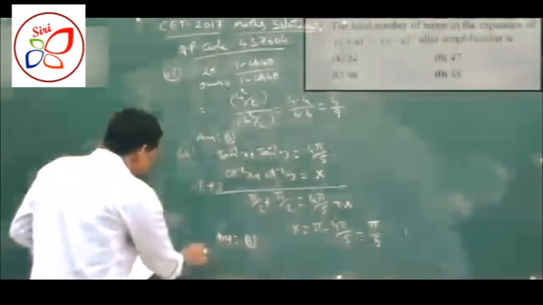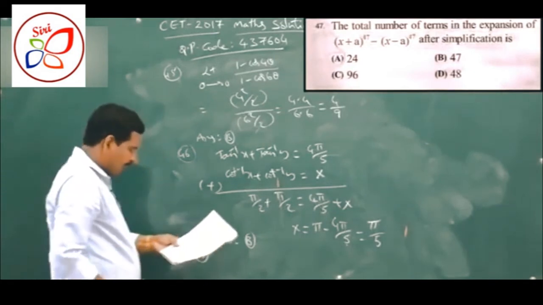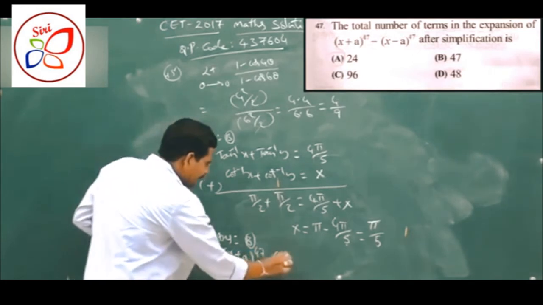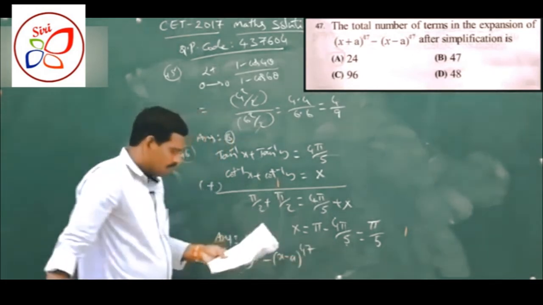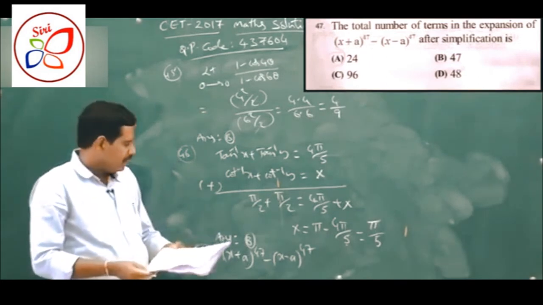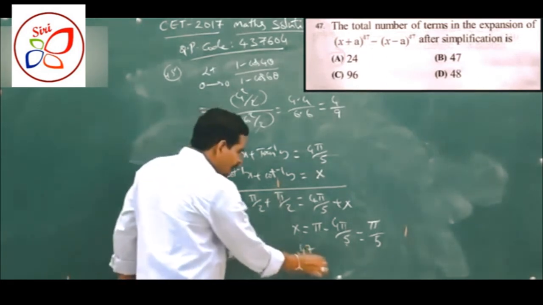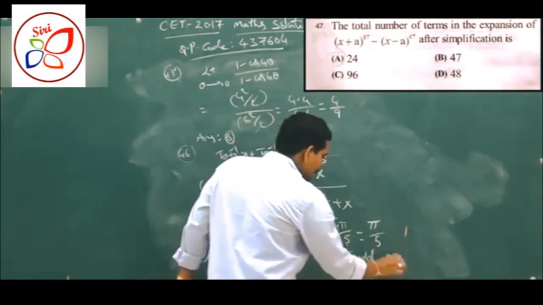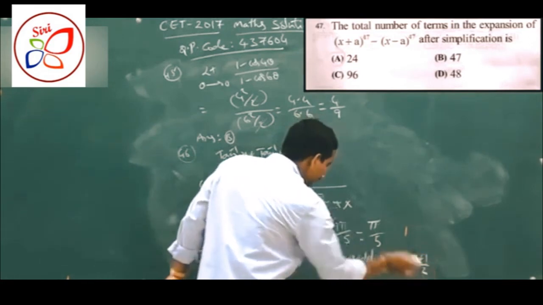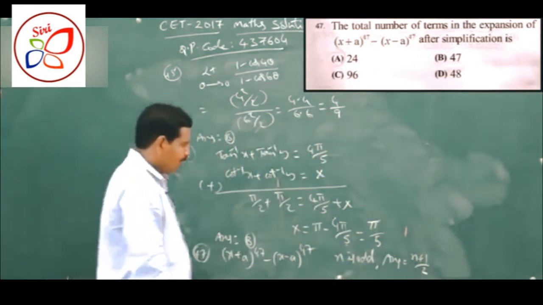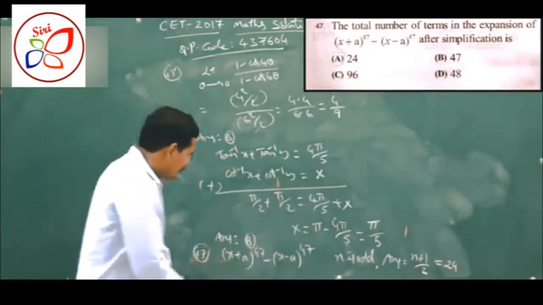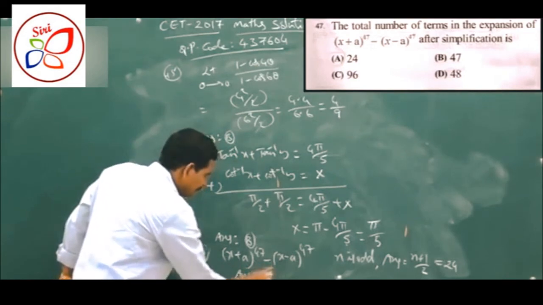Now question number 47. This is from binomial theorem. X plus a whole power 47 minus x minus a whole power 47. The number of terms after simplifying this binomial is, because n is odd, the number of final terms is n plus 1 by 2. 47 plus 1 is 48. 48 by 2 is 24, which is given in the first option A. Question number 48.